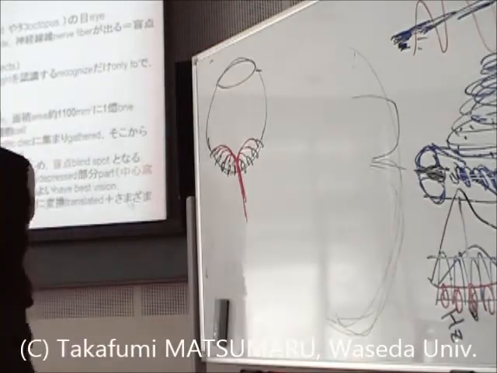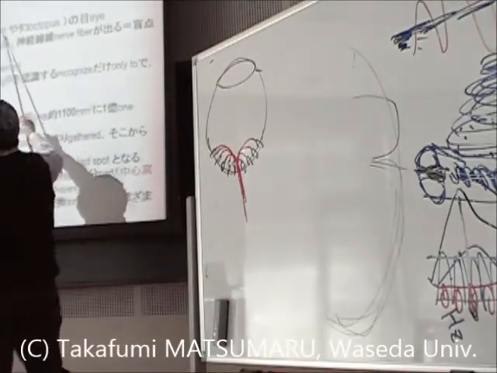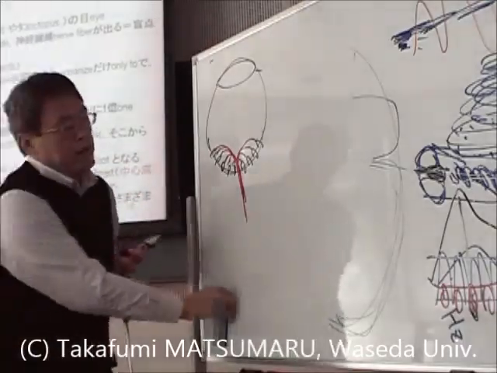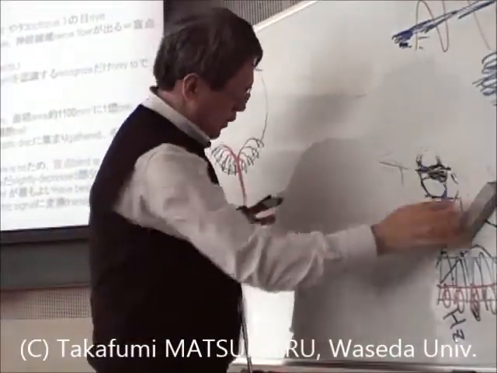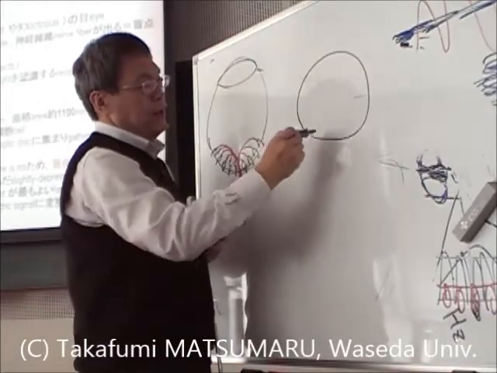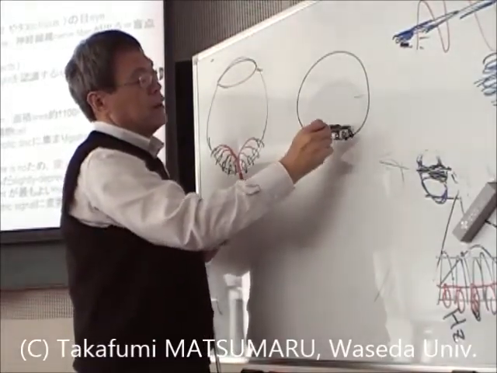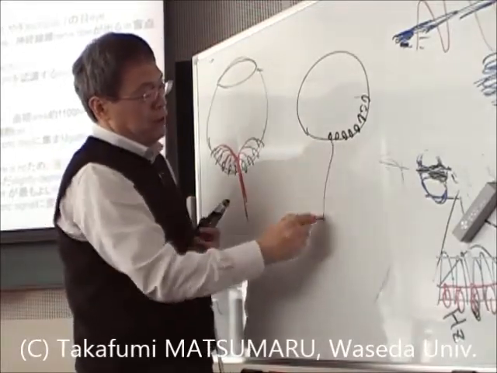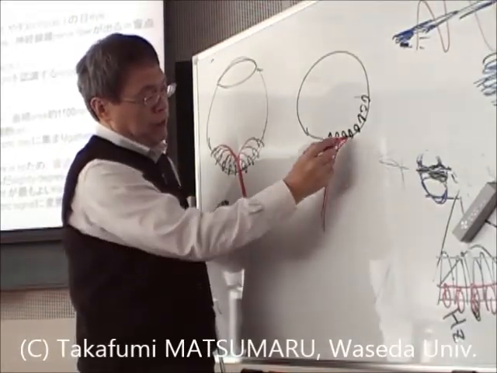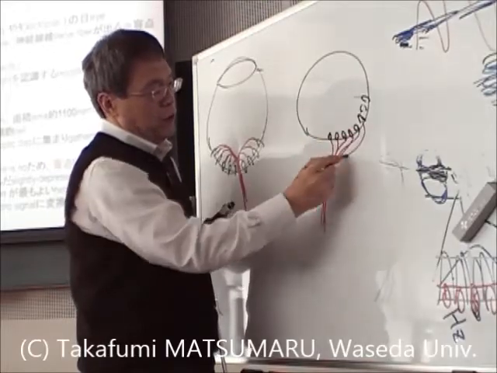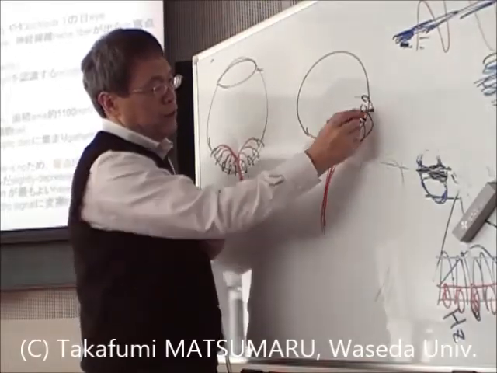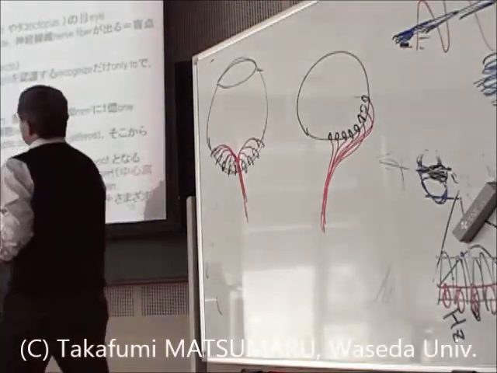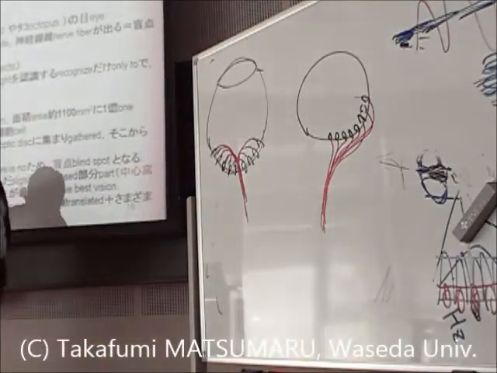But for the squid or octopus eye, the nerve cells are here and go directly to the brain. So in squid and octopus eyes, there is no blind spot.